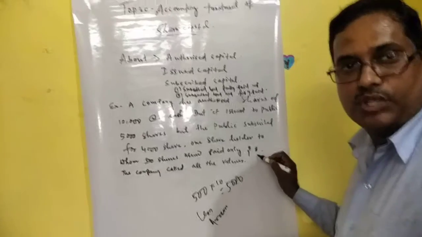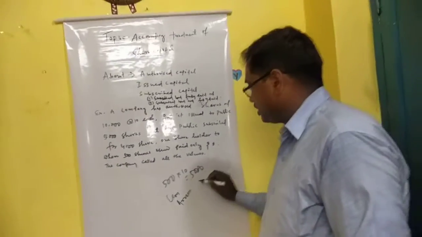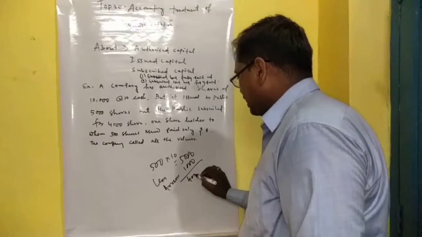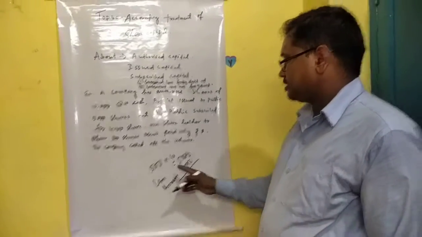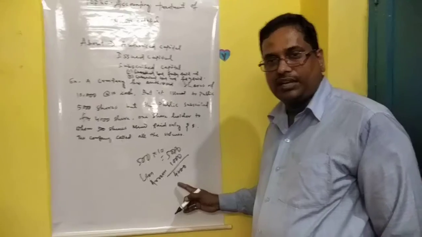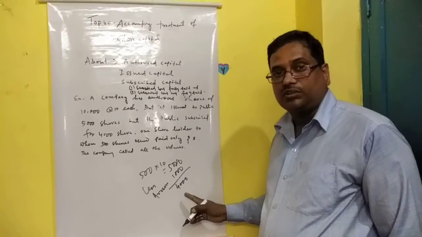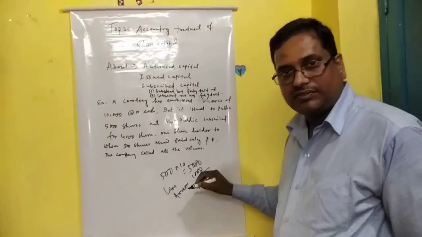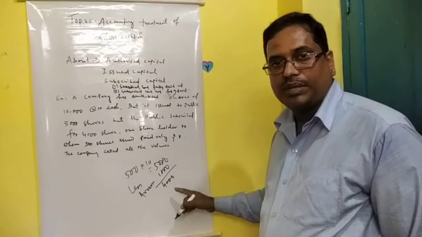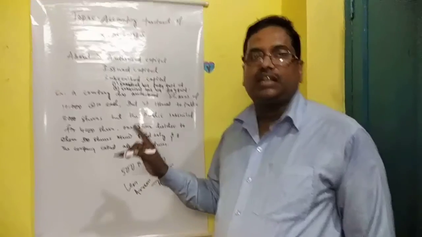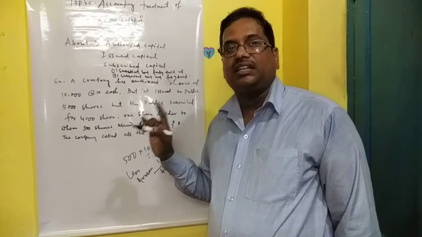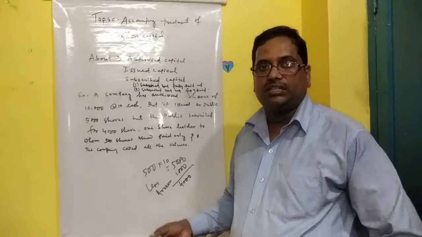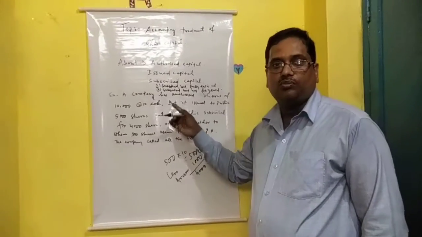How much are the arrears? 2 rupees per share, so arrears are 1,000. So the subscribed but not fully paid up amount is 4,000. Subscribed and fully paid up amount is 35,000, and subscribed but not fully paid up is 4,000. So total subscribed capital is 39,000. In the next video I will show it in note number 1.